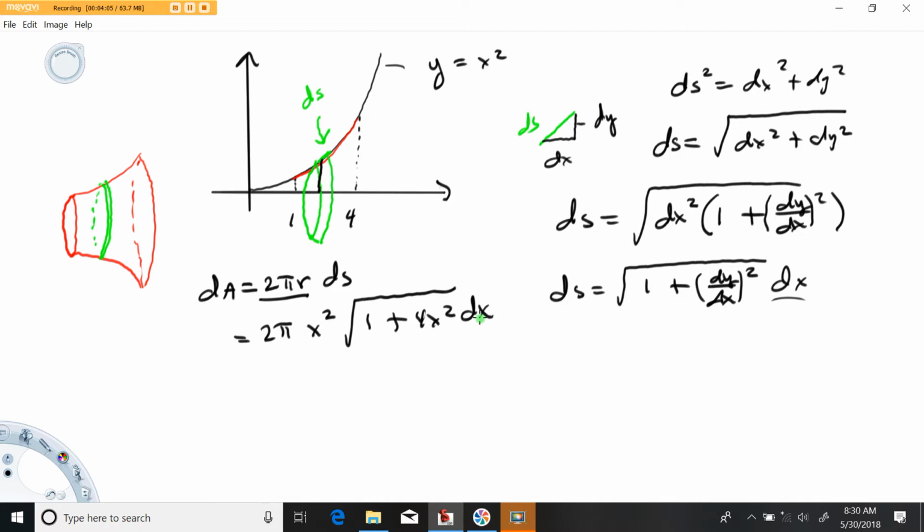Okay? So this expression now gives the area of any of these little rings, anywhere along here, as a function of x. Now again, that's a dA, a differential area, because they're infinitely thin.